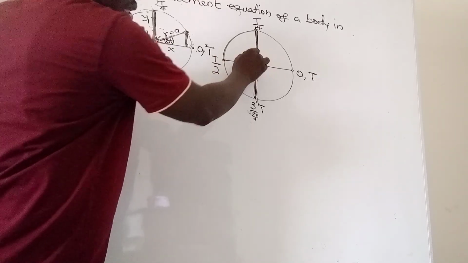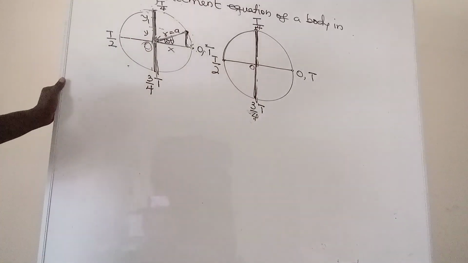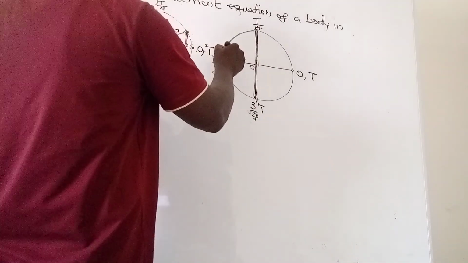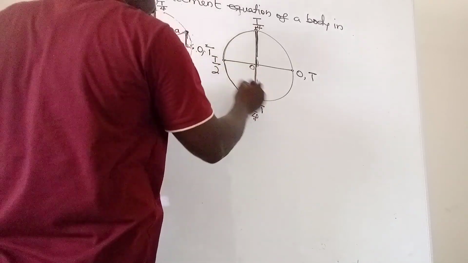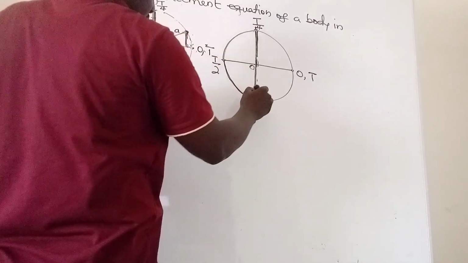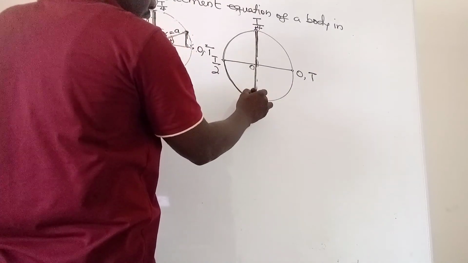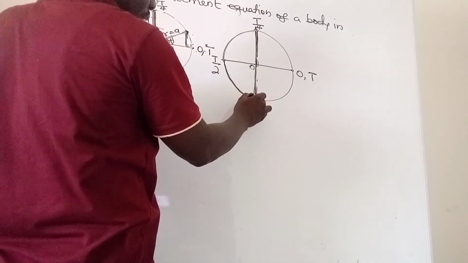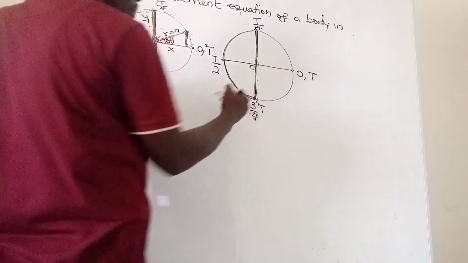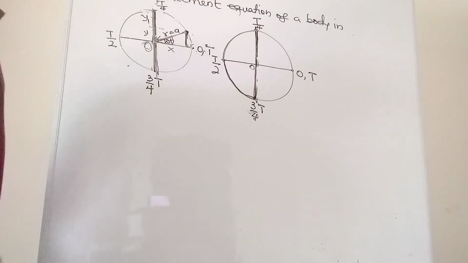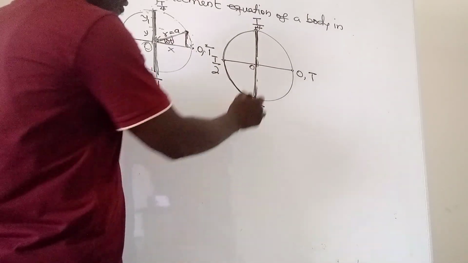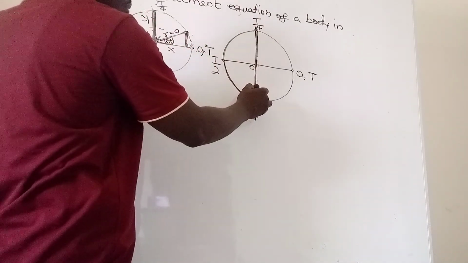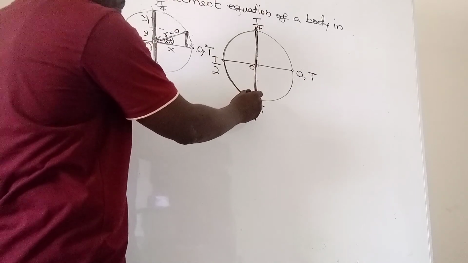When you trace, this is 0. At time t is equal to 3/4 of the period, when we trace the displacement of the particle on the y-axis, it will give you the maximum y value, which is also the amplitude, but in the opposite direction. So over here and over here, we have the maximum displacement.